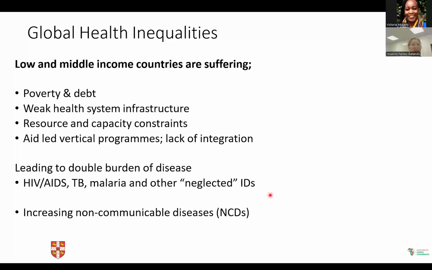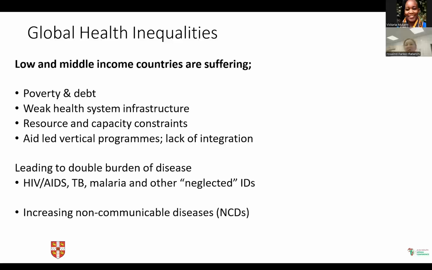And increasingly, a burden of disease between non-communicable disease and infectious disease, and increasing non-communicable disease on its own. So increased amounts of strokes, heart attacks, respiratory problems, asthma, many more non-communicable disease issues, a lot of increase in cancer as well. So that is from a global scale.